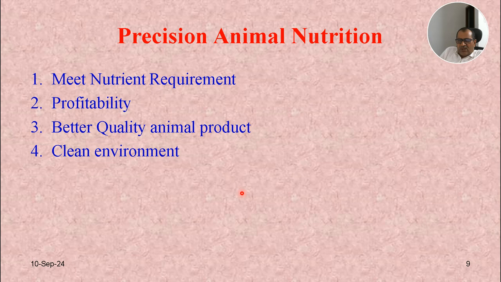That's called precision animal nutrition: we need to feed the animal with the optimum, not high, not low. Because as we go for a higher nutrition value, the feed cost will increase greatly and the margin of profit reduces to a greater extent. Hence, we need to concentrate on the exact nutrient requirement.